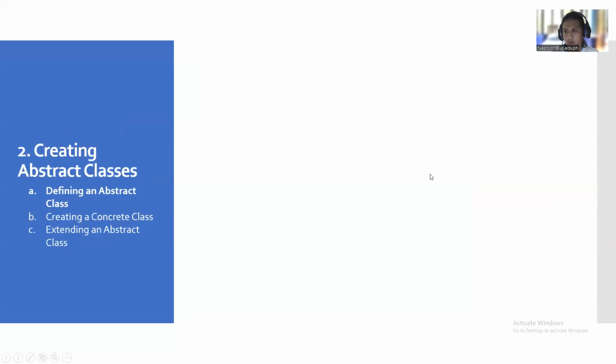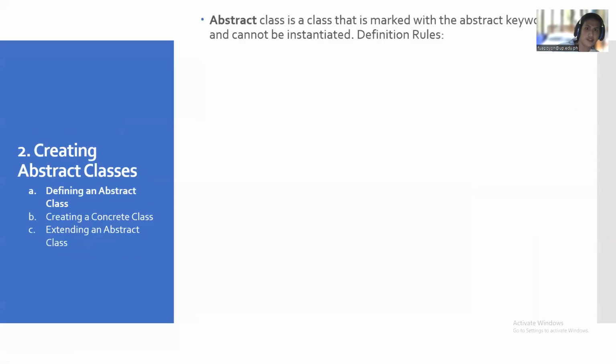Creating abstract classes. So this is again abstraction. An abstract class is a class marked with the abstract keyword and cannot be instantiated. There are definition rules here. An abstract class usually does not have implementations.